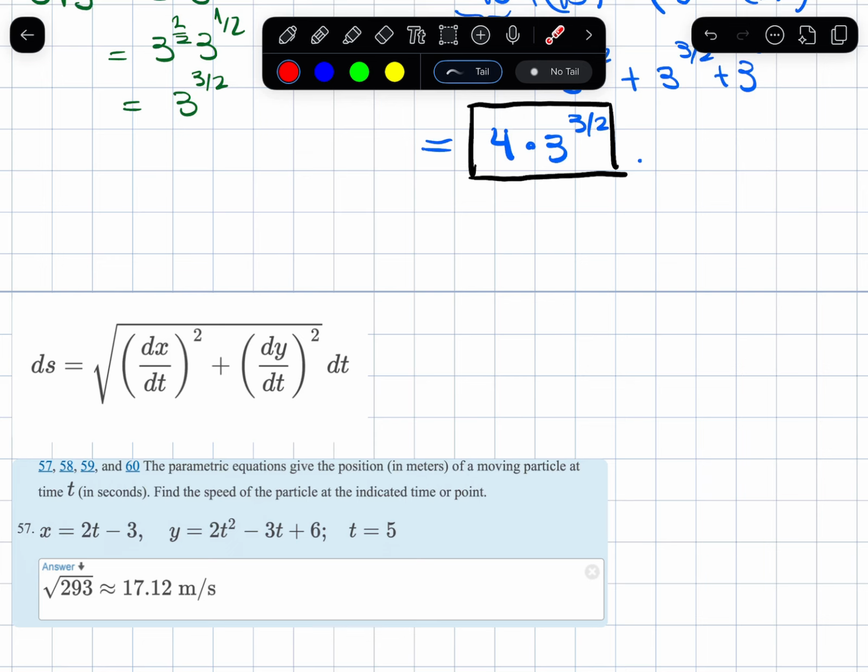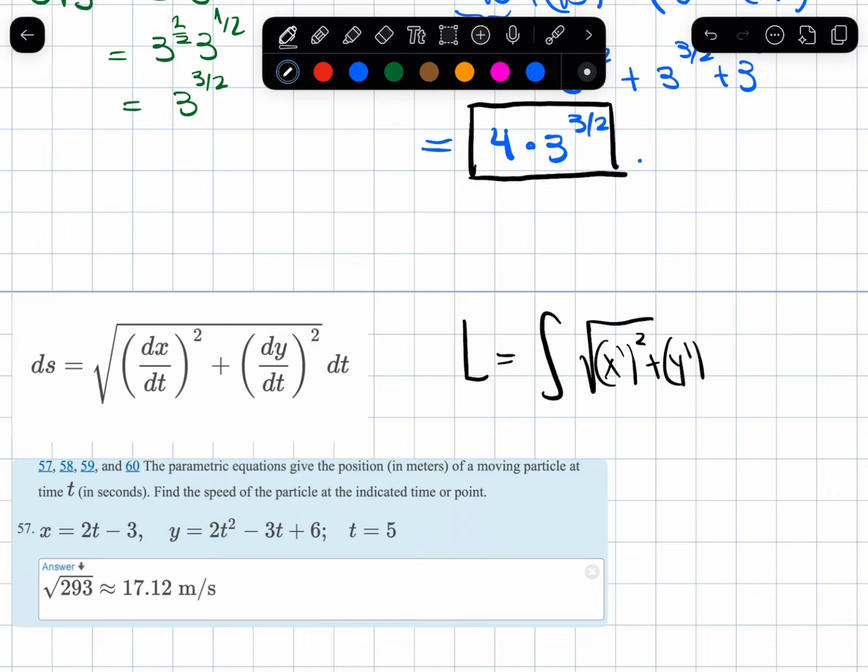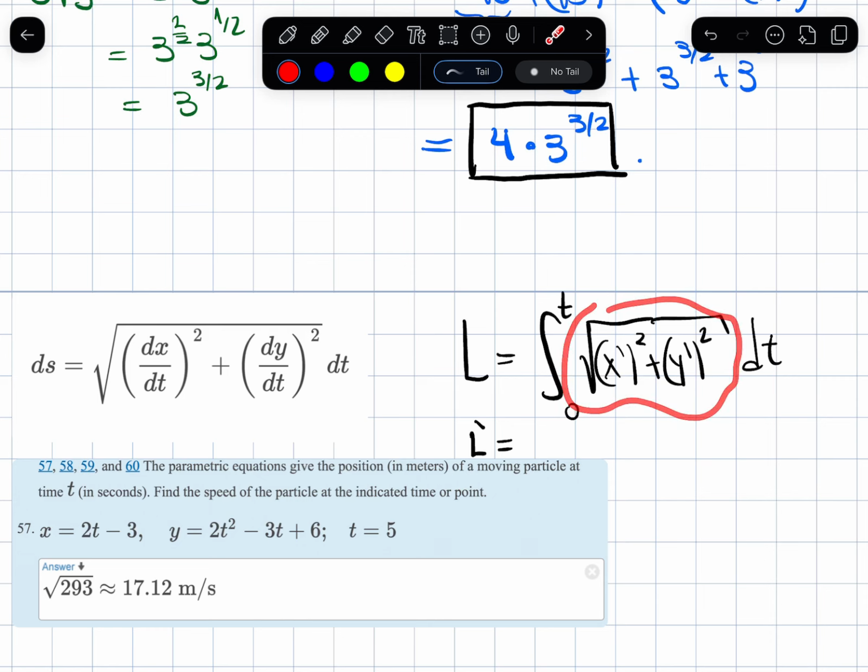Whenever you have ds, that will be the derivative of the integral, right? Just think about the fundamental theorem of calculus again. Whenever you have length equals the integral of the square root of something, and you take the derivative, let's say this is changing with t, from 0 to t, if you derive this, you go back to what you had inside.